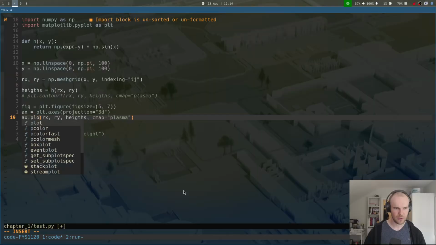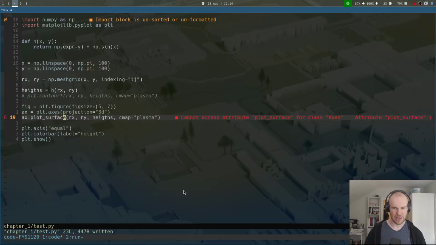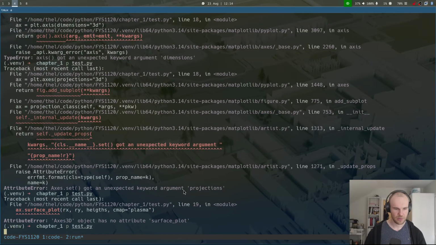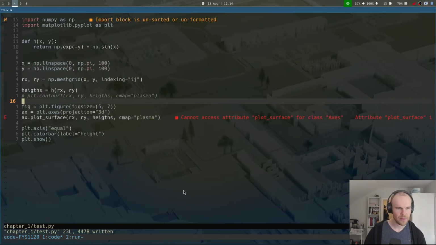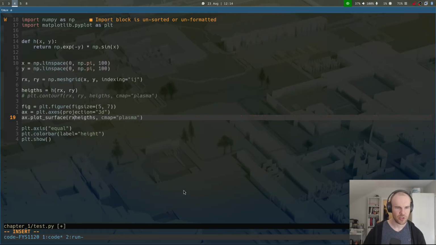Plot surface. It always gives me an error for some stupid reason. Oh, I haven't fixed this. Okay. No? What is this? With contour, imshow. Didn't I comment that one out? Test, plot surface. Maybe it's just heights.